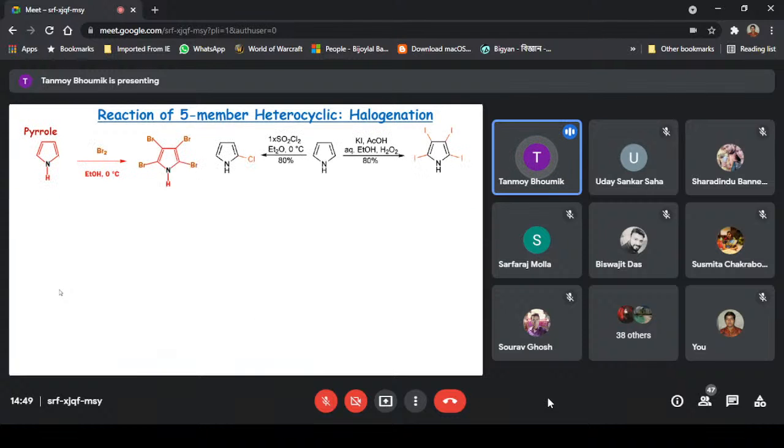In the halogenation reaction of pyrrole, whenever you use bromine in ethanol, which is a polar protic solvent, all the carbon positions are brominated.